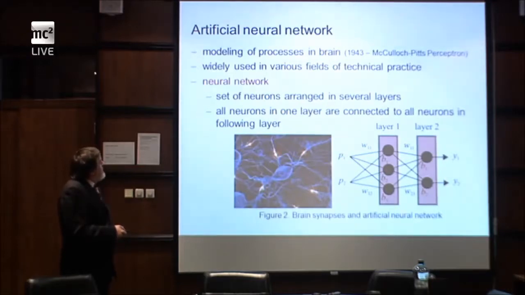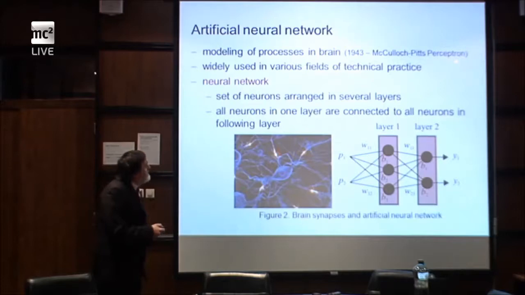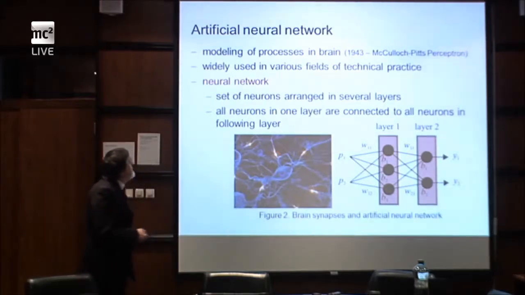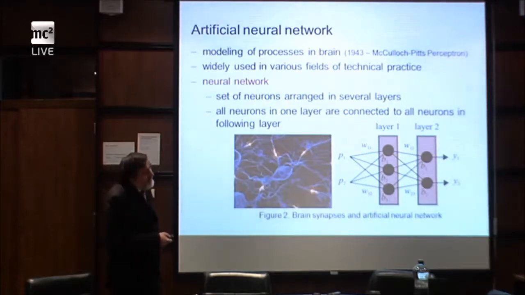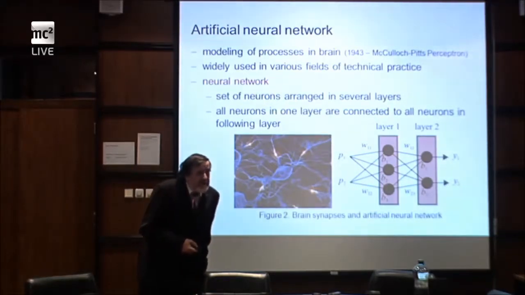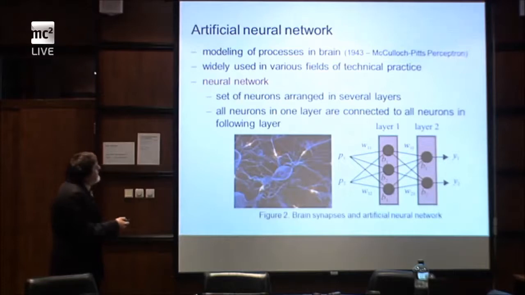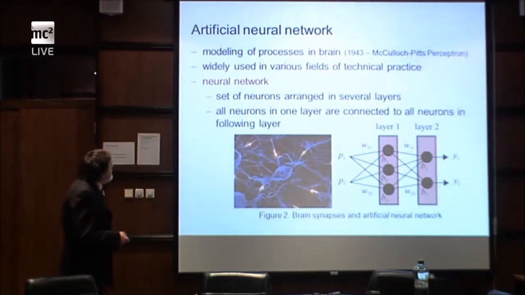Engineers or mathematicians took it to model the processes in nature. Artificial neural networks are supposed to model processes in the brain. It's based on the McCulloch-Pitts perceptron, which was presented in 1943. And nowadays, artificial neural networks are very widely used in engineering, in technical practice, not only in engineering.